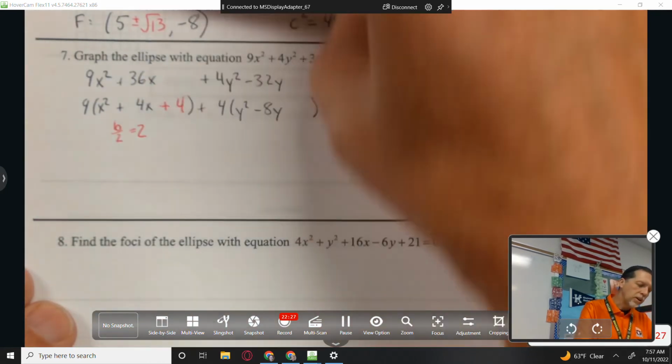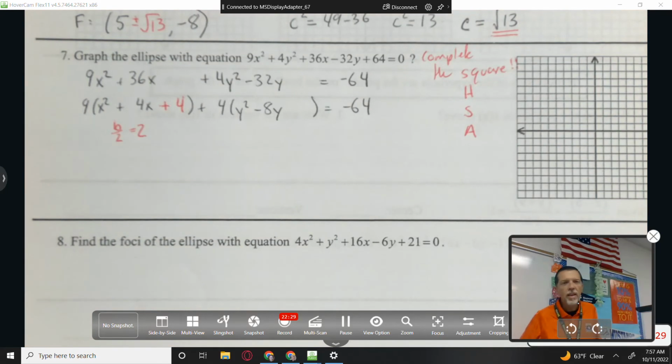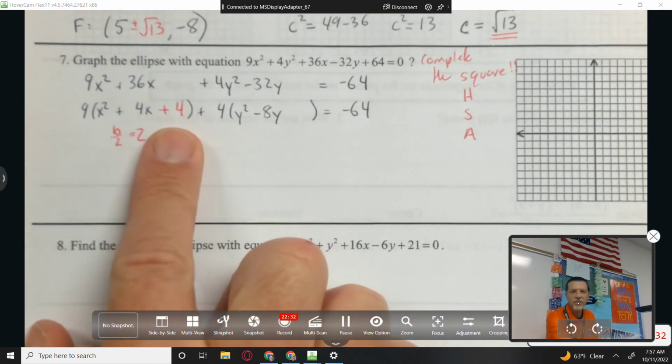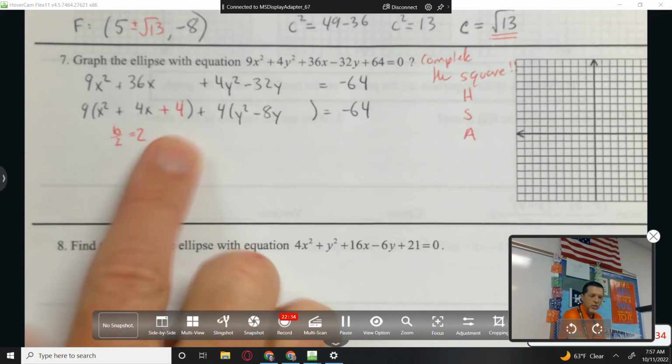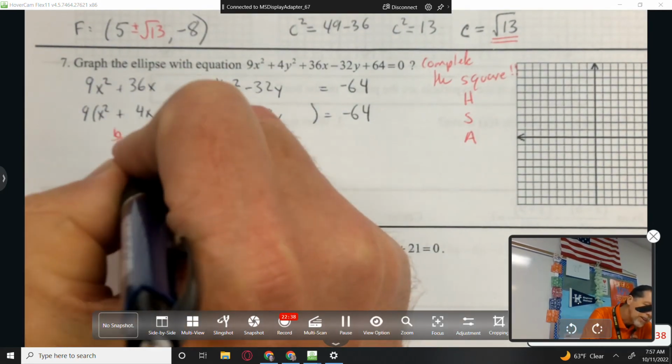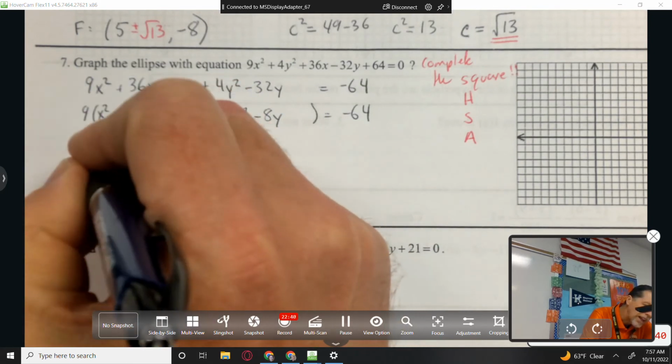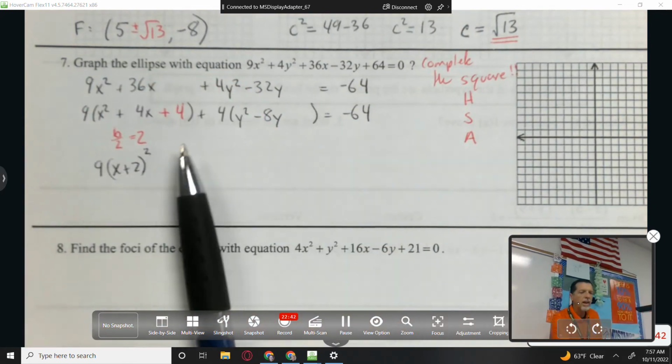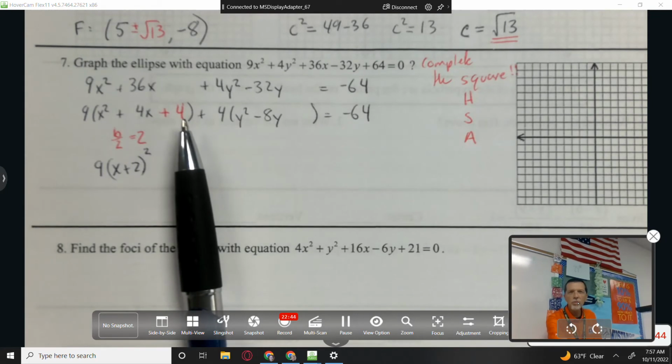But here's where one of the tricks is. I wrote plus 4 in that parentheses to make this a complete square. In fact, that's now x plus 2 squared. Still a 9 out front. I wrote plus 4, but what did I actually add to the left-hand side? 36. Where did 36 come from?